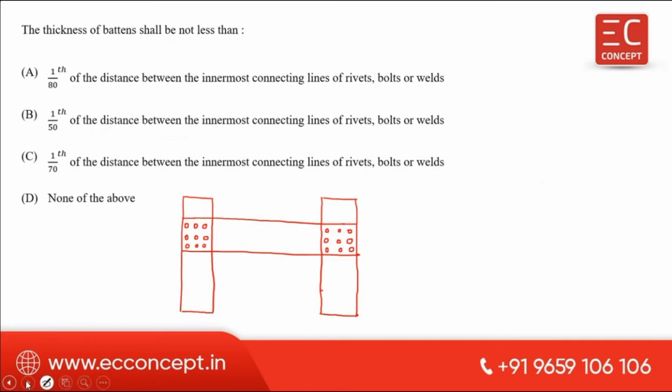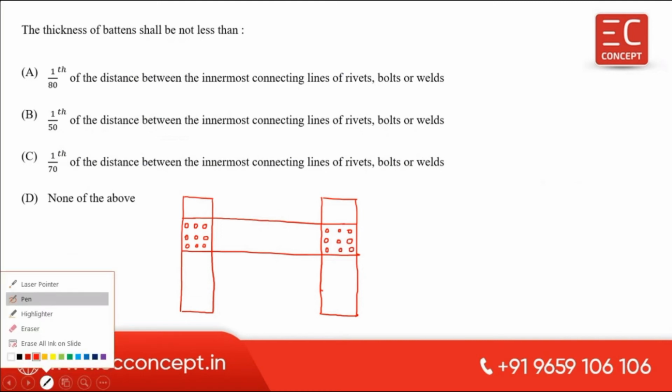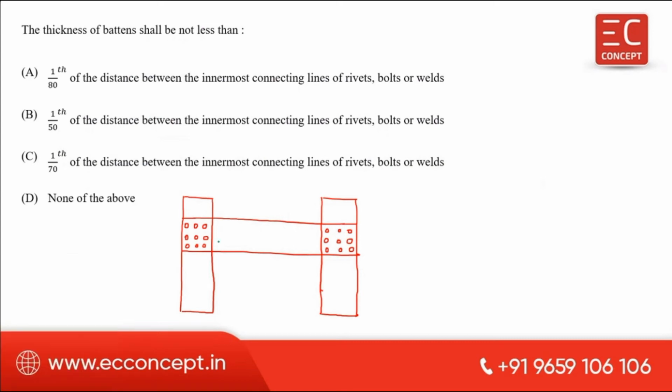Now this S is calculated. This is the inner line of the bolt. Centroid of inner line of the bolt. This also centroid of inner line of the bolt. This distance we will call it as S. So T minimum thickness of batten shall be S divided by 50.